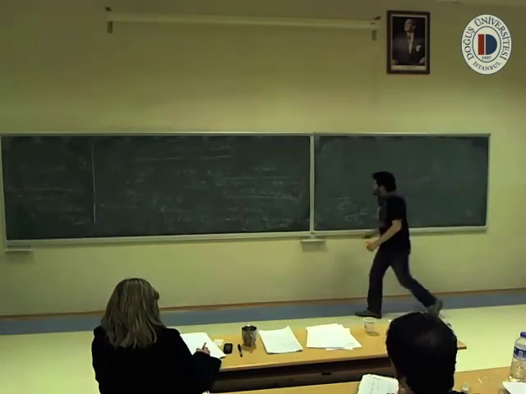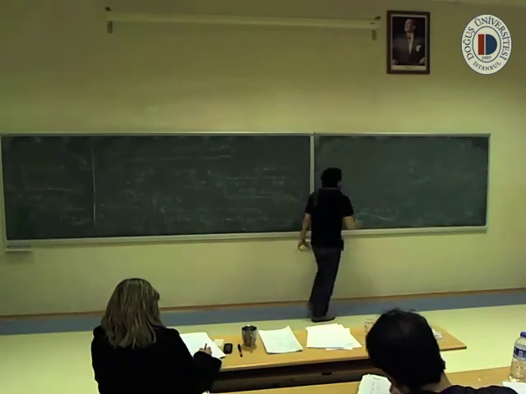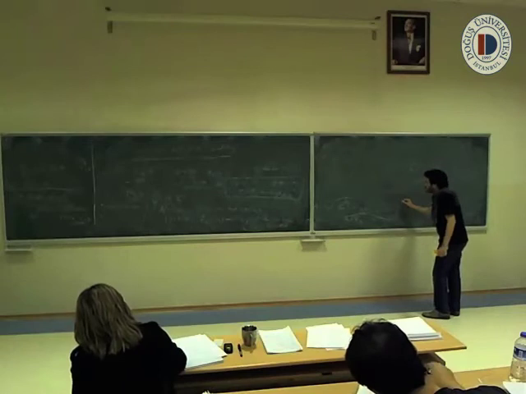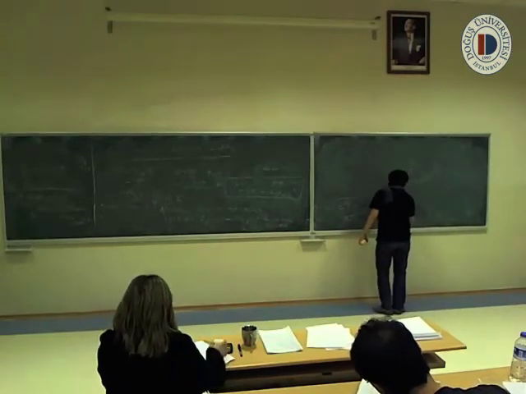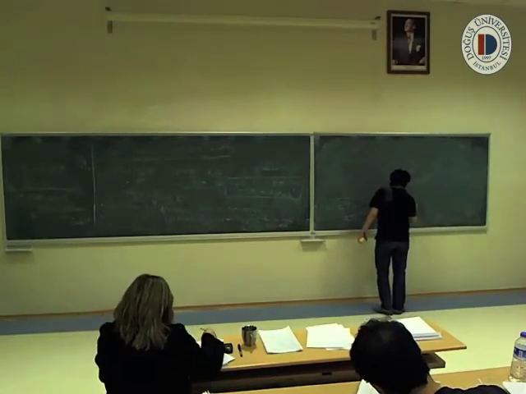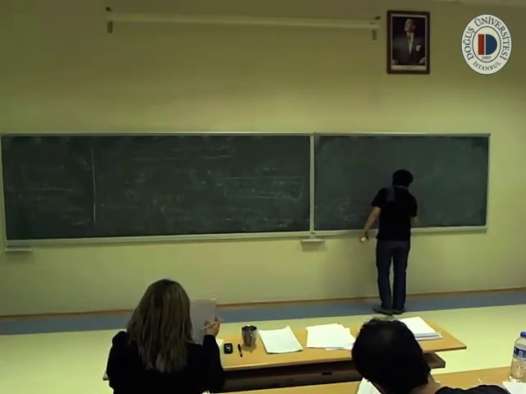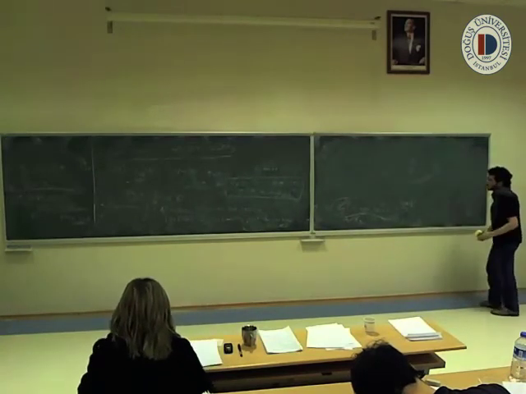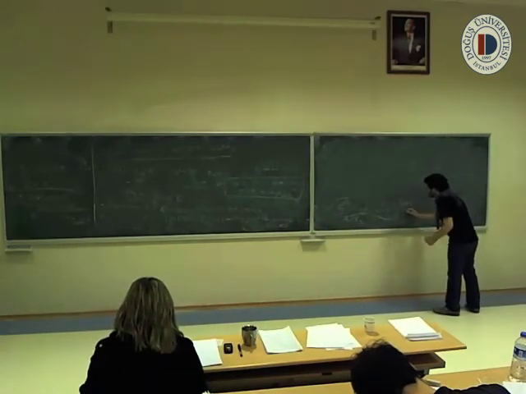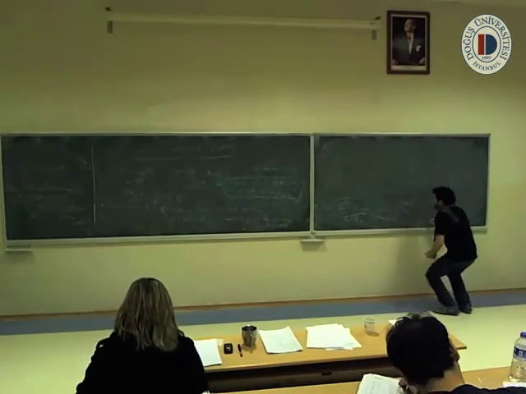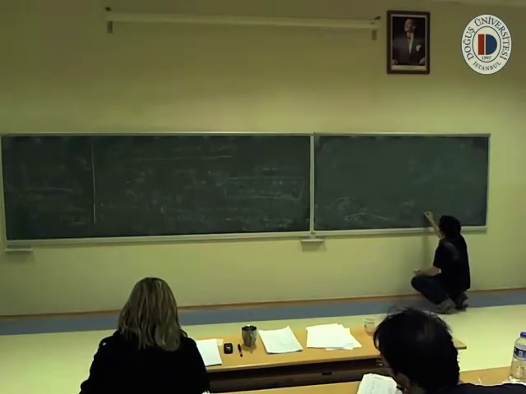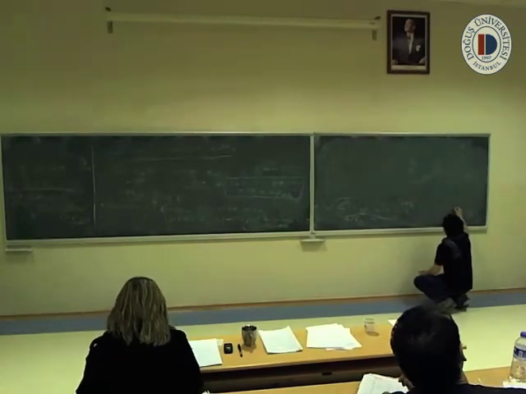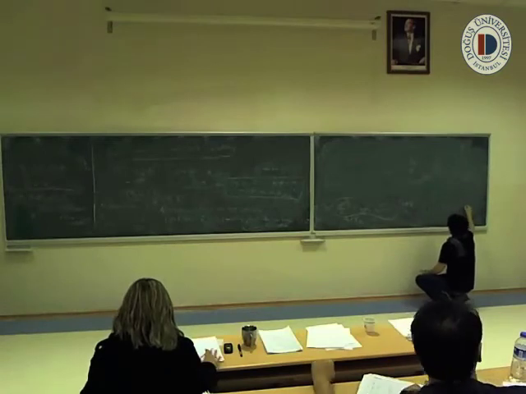And I rewrite this AdS metric in a different form by just a simple change of variables. I define r over R as 1 over z. If you do this, then this equals 1 over z squared times (dz squared plus dx3 squared minus dt squared).